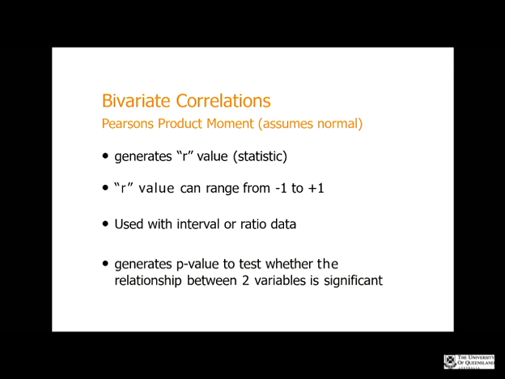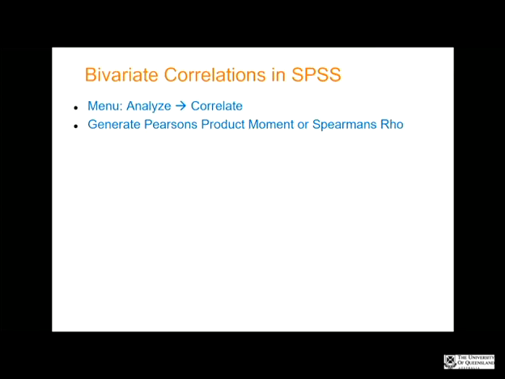It generates a p-value to test whether the relationship between the two variables is significant, okay? So you go into analyse and correlate, and you'll be able to find the Pearson's product moment or Spearman's rho. I'll talk about that one in just a second.